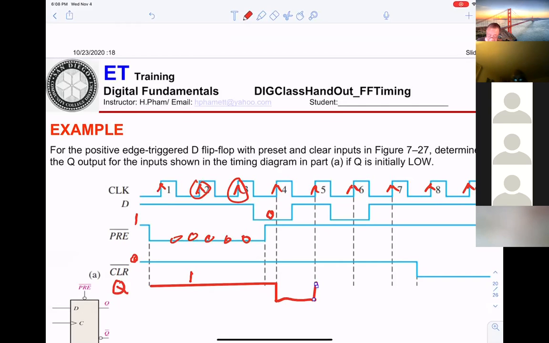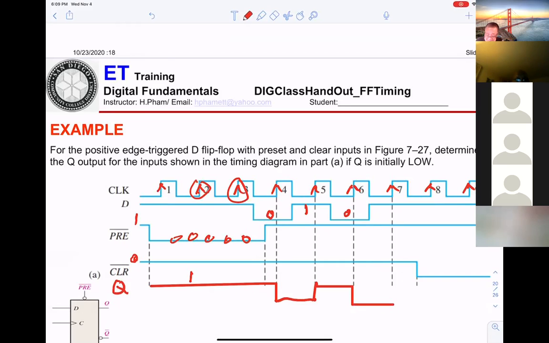Okay? And at the next transition, D equal 1. So that's why Q equal 1. Okay? Then on the number 6, D is 0. Q equal 0. Okay?